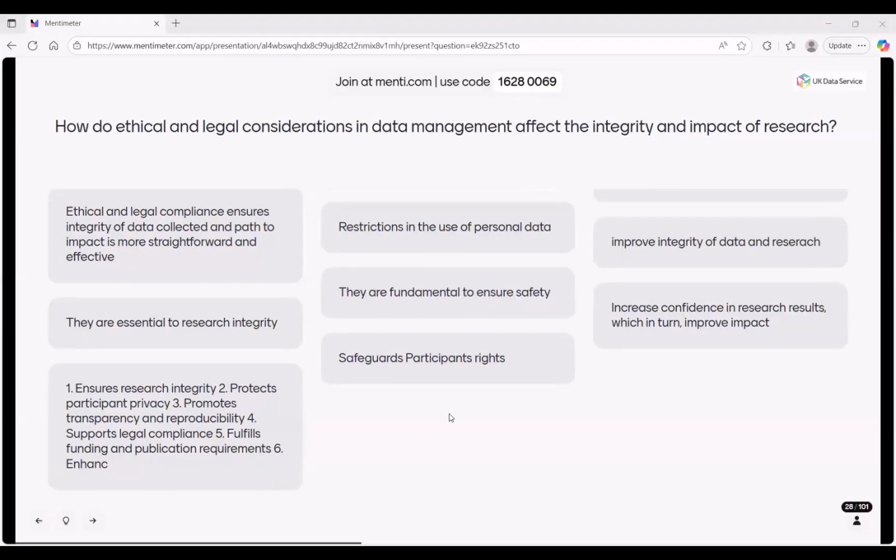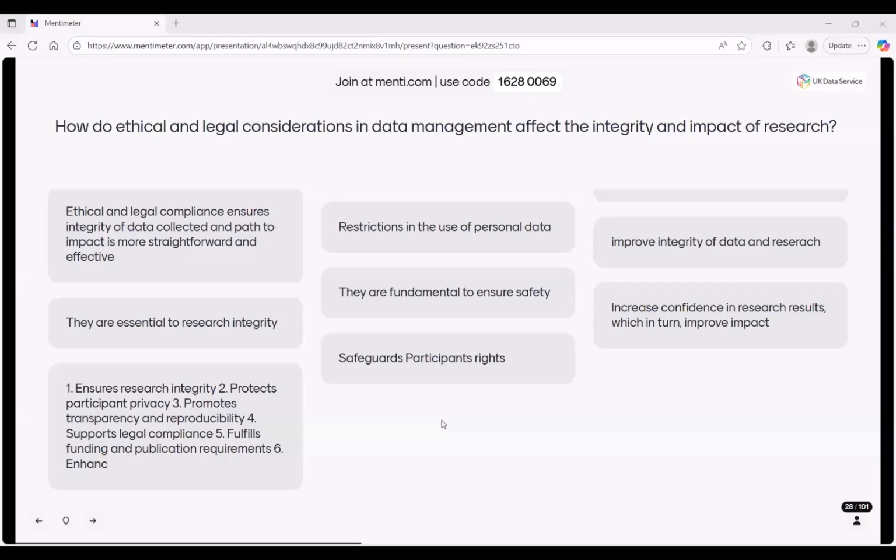Yeah, it safeguards participants' rights. And also in terms of data protection laws, they do regulate how personal data must be stored, shared, and used, and copyright and intellectual property rights.